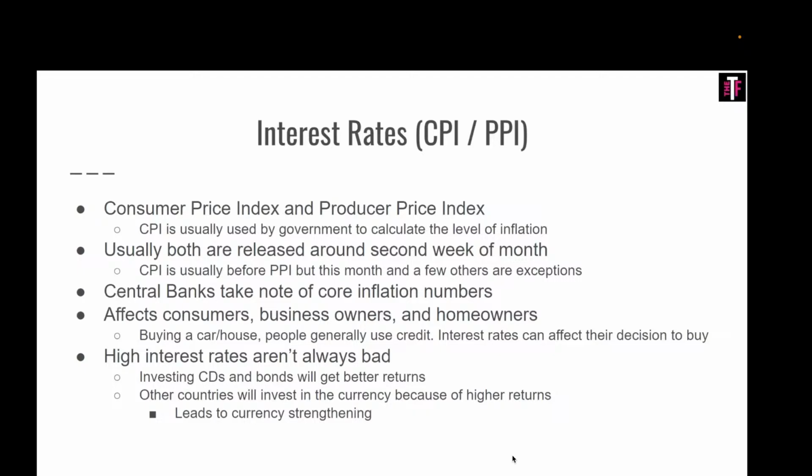When that happens, the central banks, aka the Fed, have to step in and raise interest rates. When buying a car or a house, people generally use credit, so interest rates will affect their decision to buy, because the interest rates have to be higher to help combat the high inflation. People are less likely to spend money. They'll wait to buy that house or that car, and it'll calm the economy down.